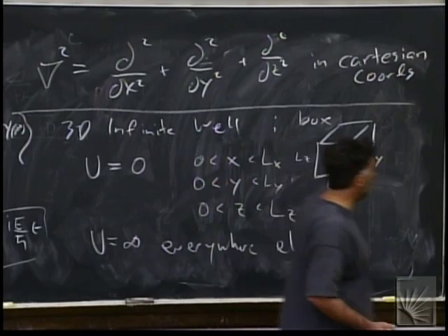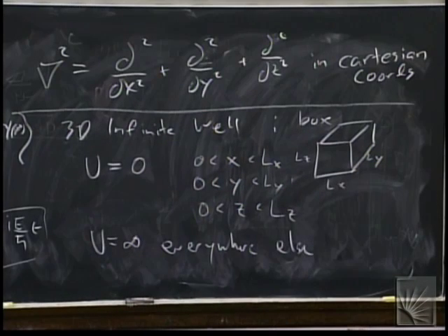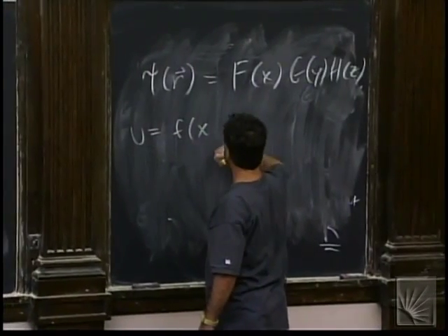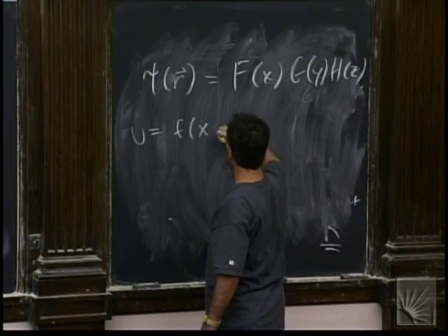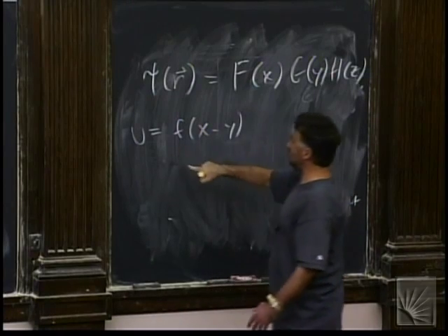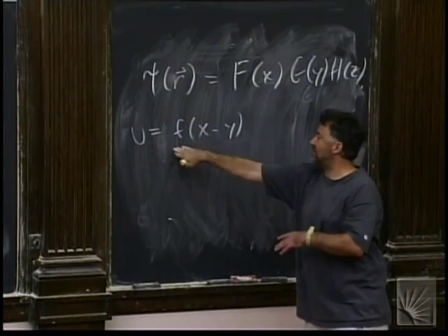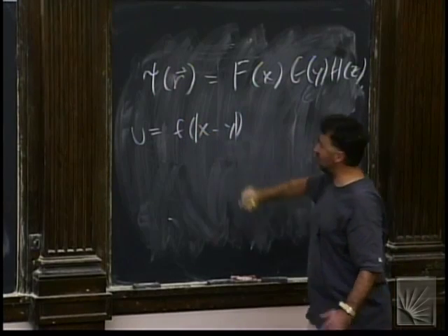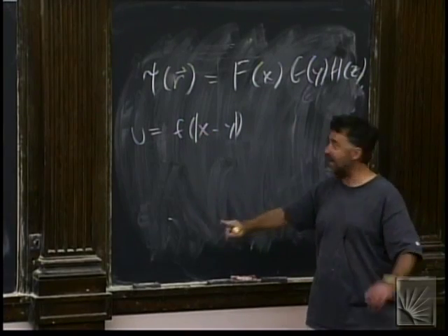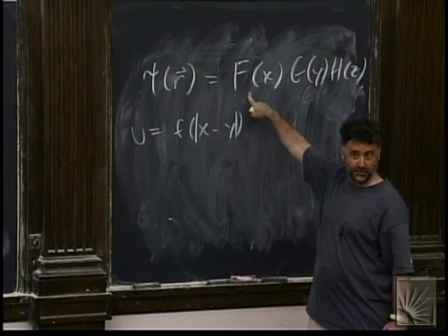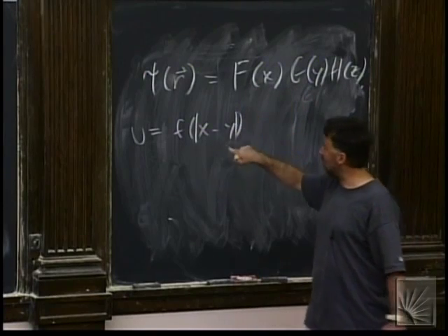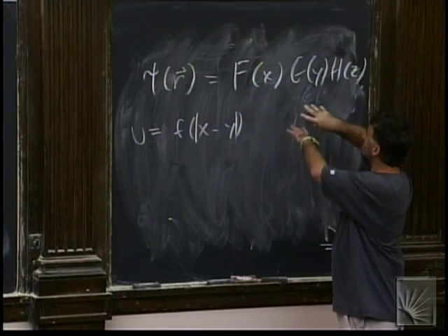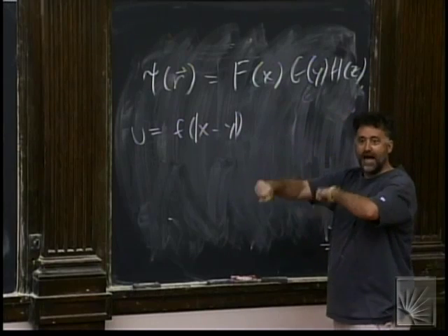So suppose that my potential was a function of x minus y, or maybe the absolute value of x minus y, some kind of weird potential. Then you couldn't do this. You couldn't separate it, because your x's and y's are tangled up with each other.